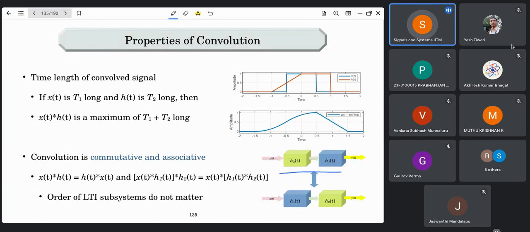I suppose you're referring to what I'm highlighting here on the slide. If you replace these two boxes with just one box, what we can say at best is that the impulse response of this one combined box is the convolution of the individual impulse responses. That's all we can say. We cannot say anything more than this.